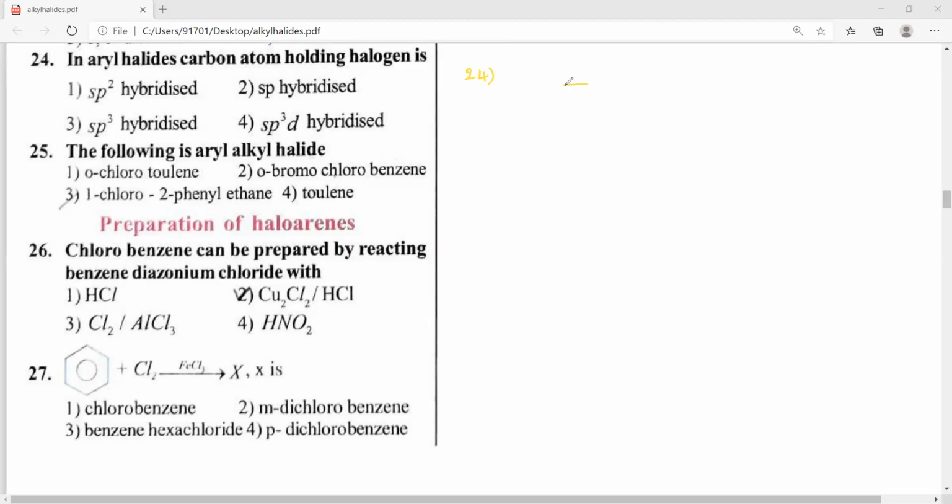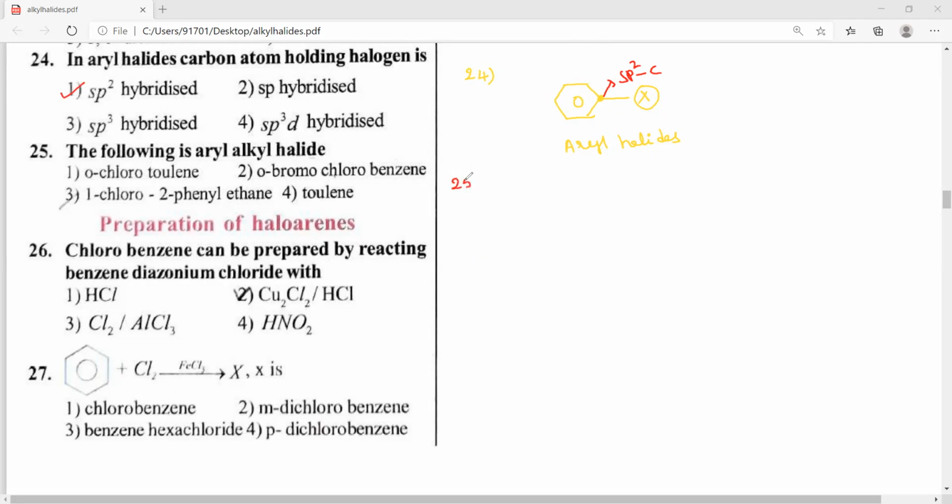Aryl halides are those in which the halogen is directly attached to the benzene ring. Now, what is the hybridization of the halogen-attached carbon in aryl halides? It is sp2 carbon, so the hybridization of that carbon is sp2.